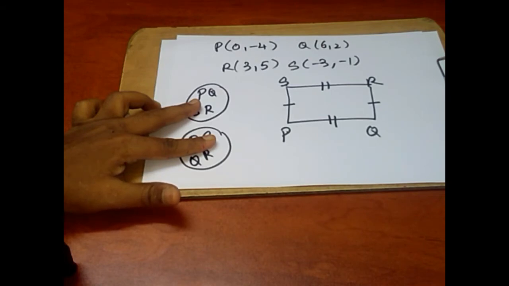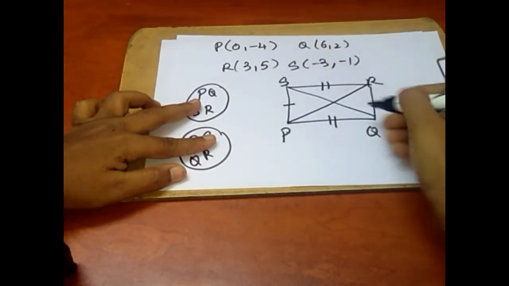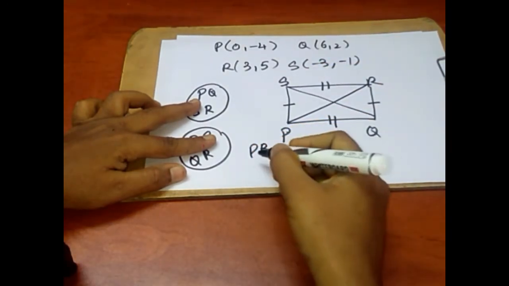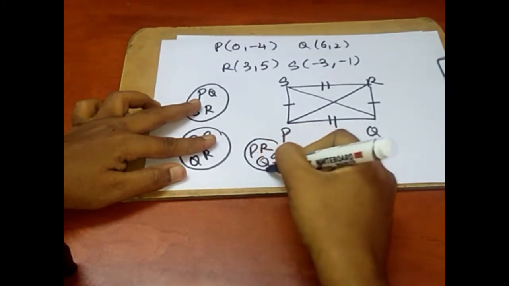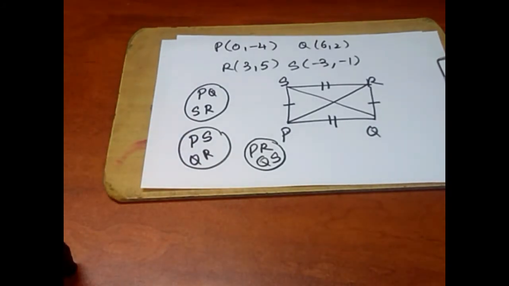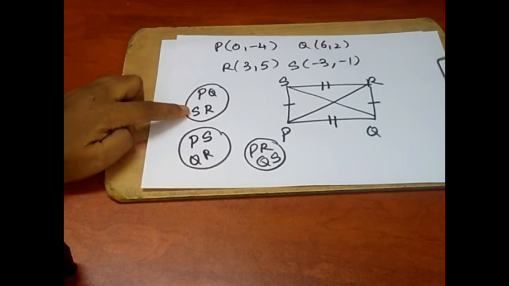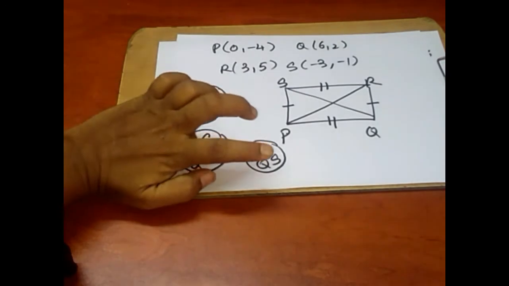Hence the third point is I need to prove the diagonals PR is equal to QS. So if you prove this, all the three results, we can say that PQRS is a rectangle. Now one by one, I need to find the length or the measure of six lengths: PQ, SR, PS, QR, PR, QS.